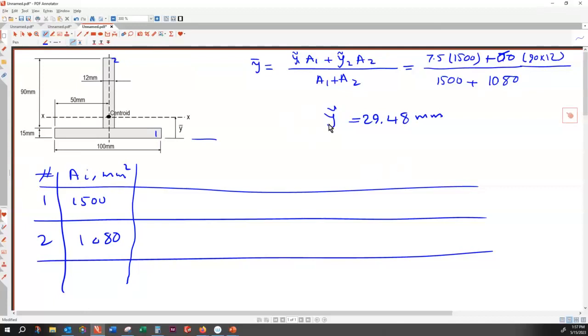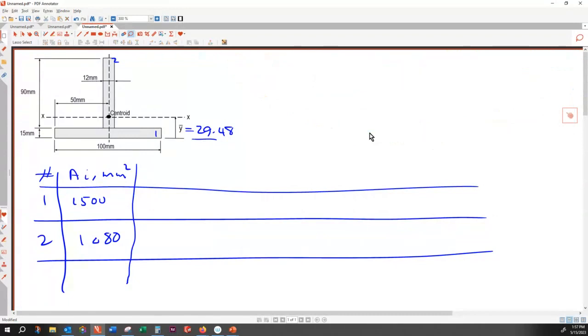All right, the second thing we calculate, we do the I calculation based on the table. So the standard I bar 1, that is 1/12, B is 100 and H is 15.